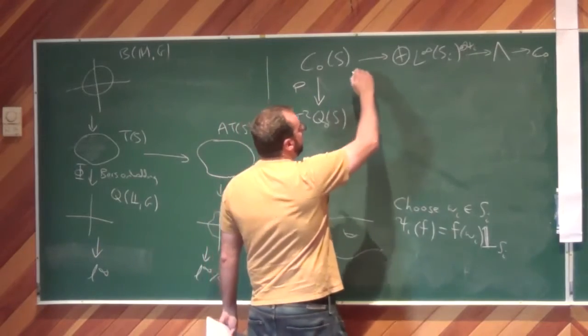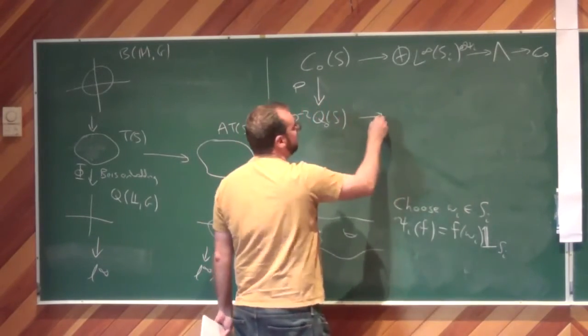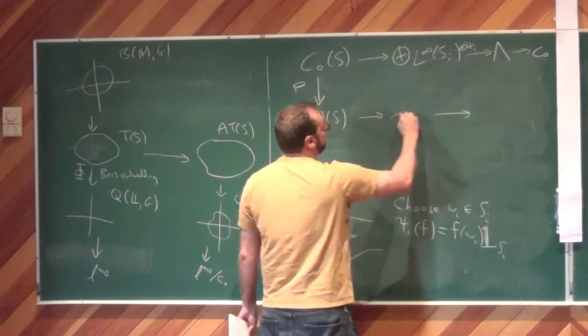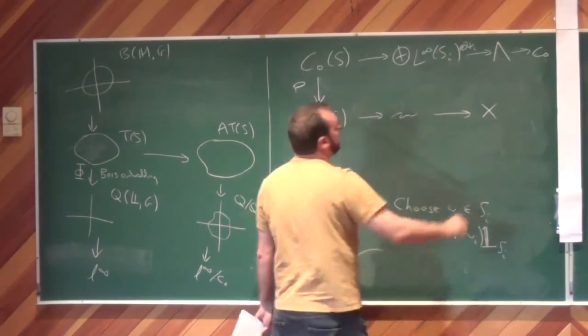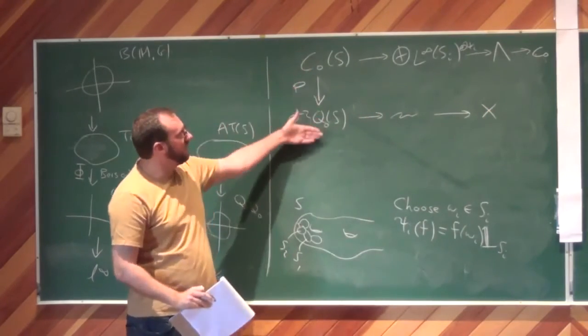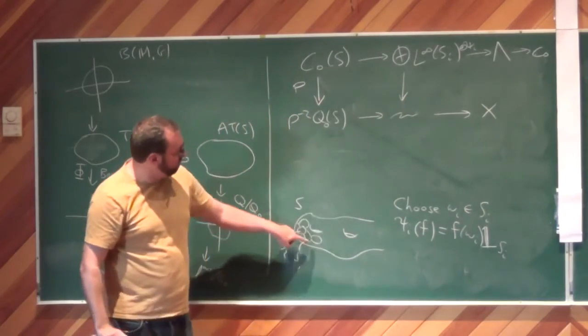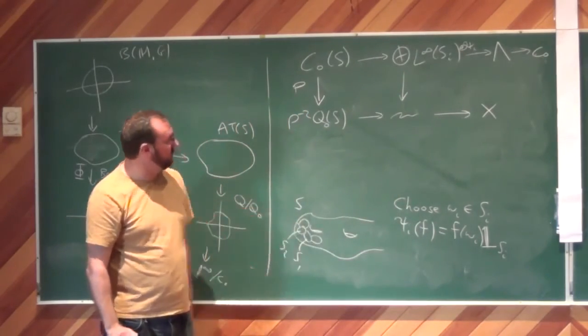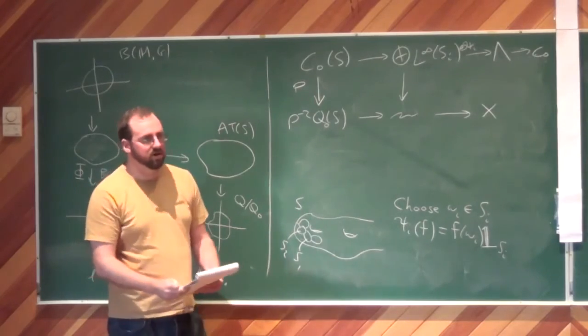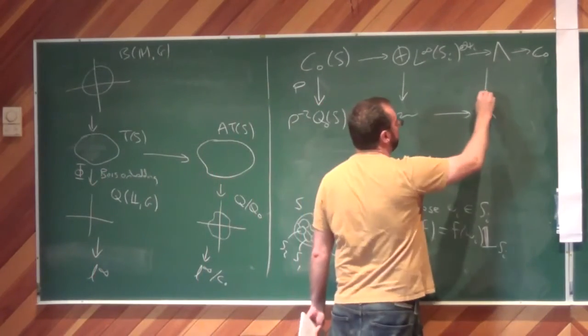Well, you can apply these two maps here. You get something there, and you get X there. The projection you have here corresponds to a projection here, and if you break up your surface into small enough pieces, a normal family argument means that you get a projection here too.